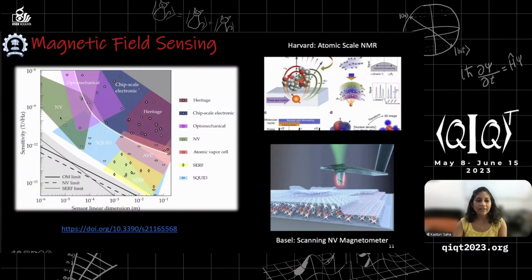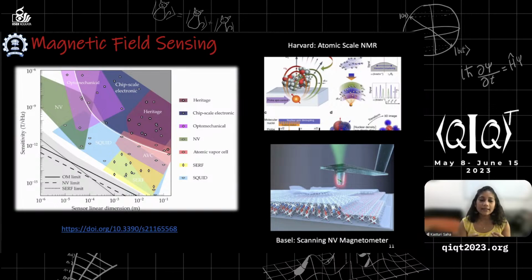You also have NV centers, which fall somewhere in the range where the best reported are on the order of picoteslas. But the advantage of NV centers is that the sample can have a very uniform NV center base, so you can use it for imaging microscopic magnetic fields.